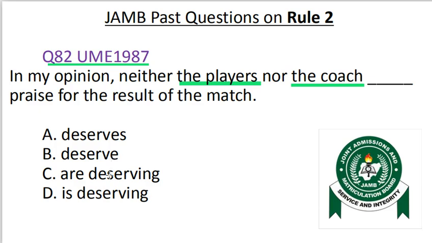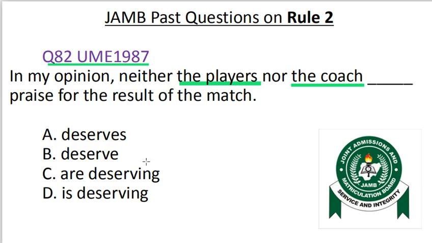C, are deserving. D, is deserving. Neither the players, a plural subject, nor the coach, singular, dash. That is the place where we are going to fix in our verb. The coach, a singular noun, is closer. The singular subject is closer to the verb, so our verb is going to be in the singular form. Which of them is singular? Actually, we have two singular options.